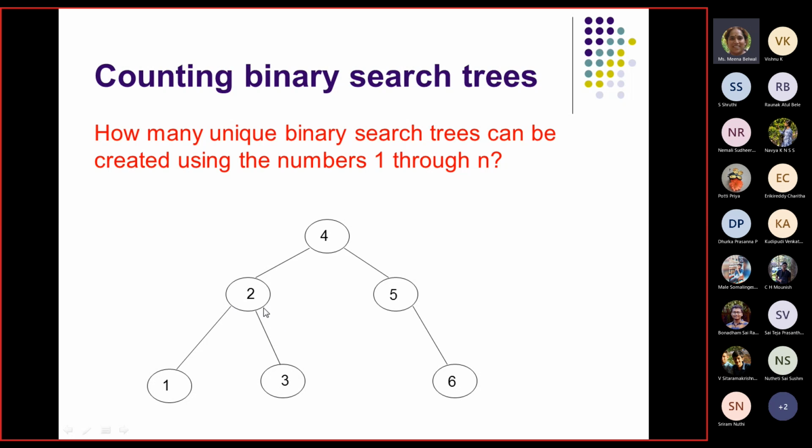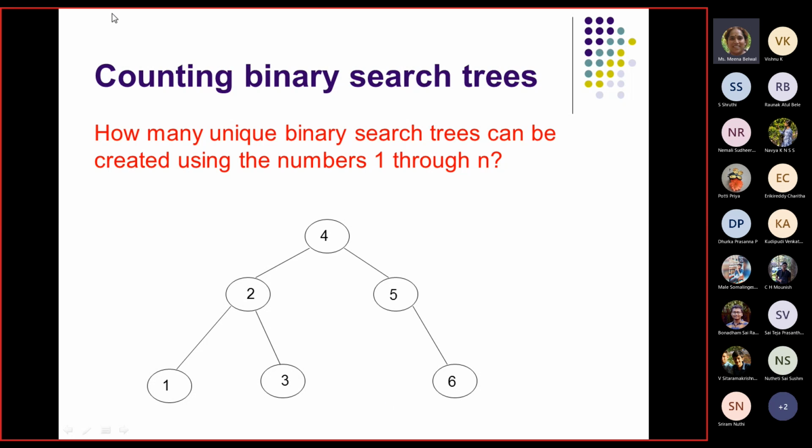They can be in any arrangement. 3 can come here, 2 will go to the left of 3, and then 1 will go to the left of 2. Similarly for 5, 6, I can first place 6, and then towards the left, I can place 5. You understand that, students, right?